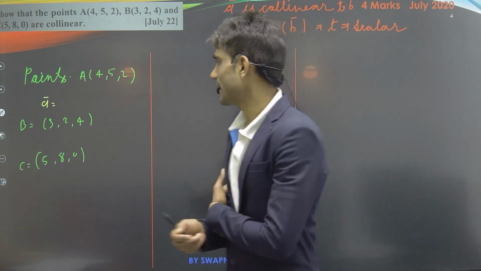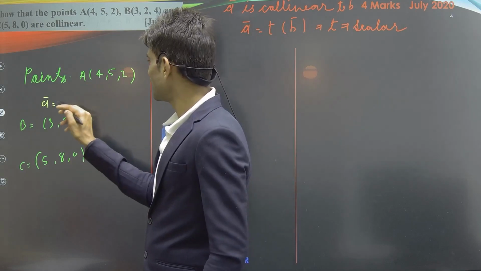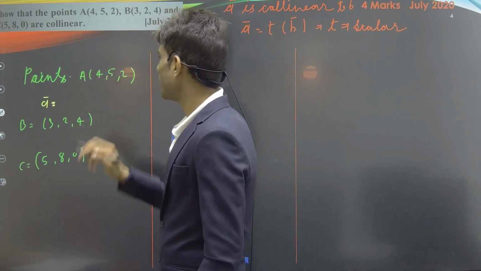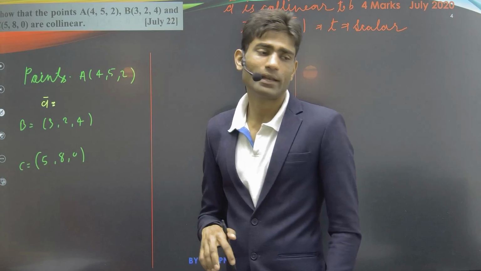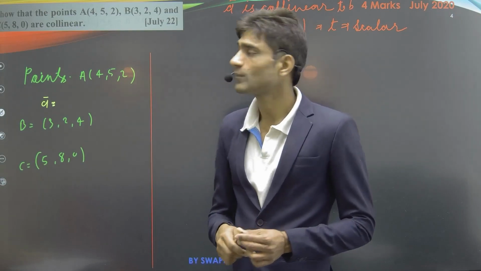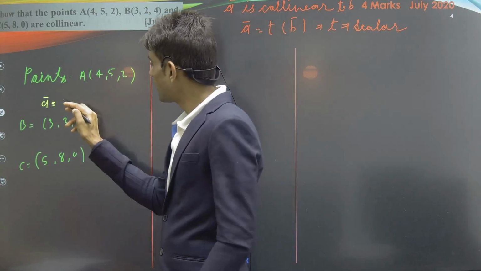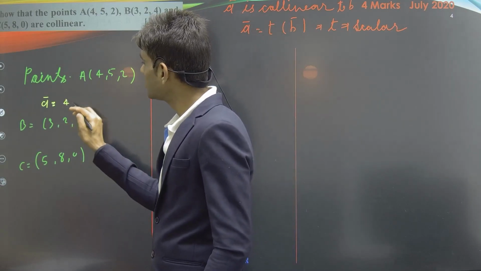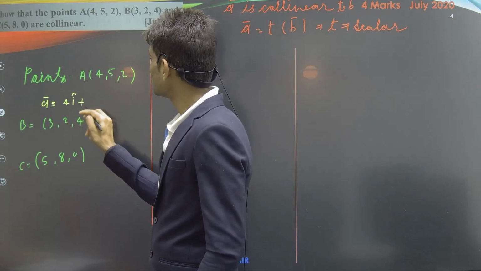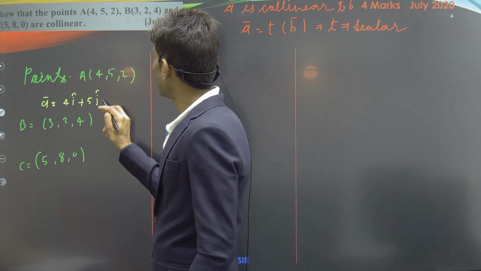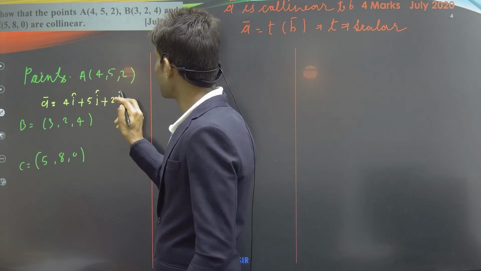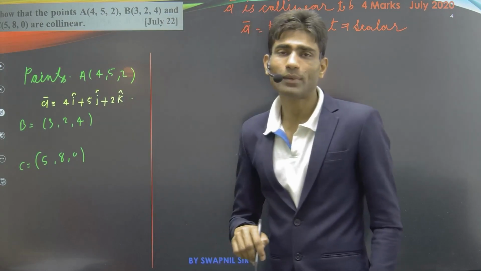The first coordinate x is written with i cap, the second with j cap, and the third with k cap. So position vector a bar can be written as 4 i cap plus 5 j cap plus 2 k cap.